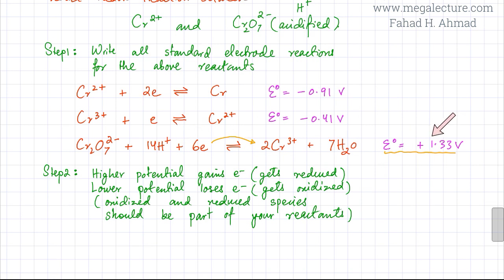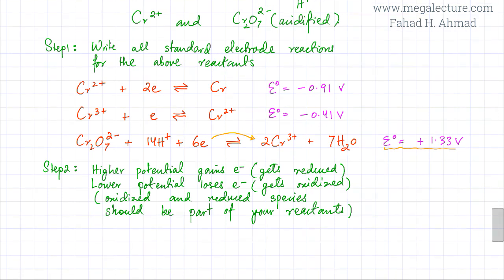The reactants are Cr2O7 2- ions plus the H+ ions, and we have this reactant over here, Cr2O7 2- acidified. So this is the species that is getting reduced, it's gaining electrons.